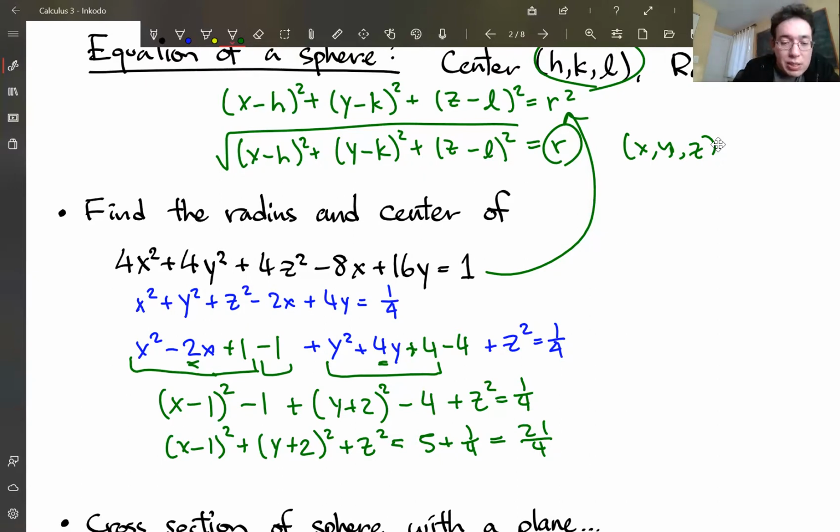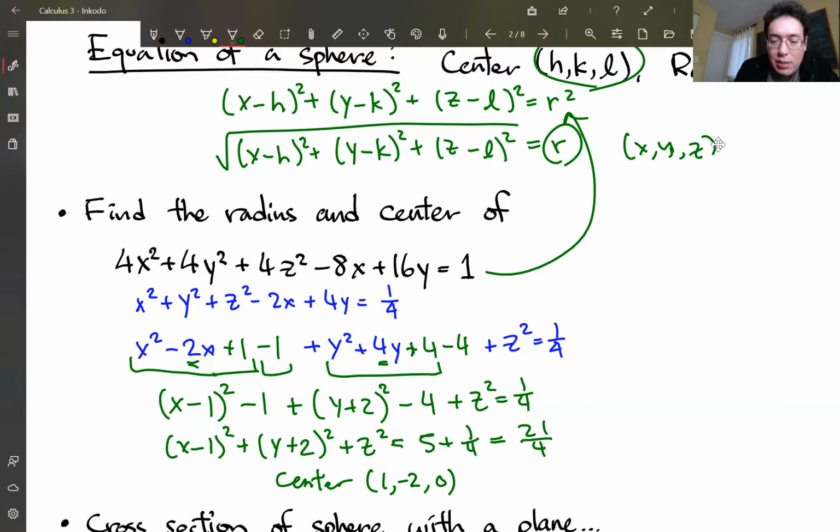The center of this sphere is the coordinate (1, -2, 0). Notice that the negative is built into the formula. So if it's plus here, it's -2 in the coordinate of the center. And the z minus L part is just z squared, so that must mean the center z coordinate is 0.